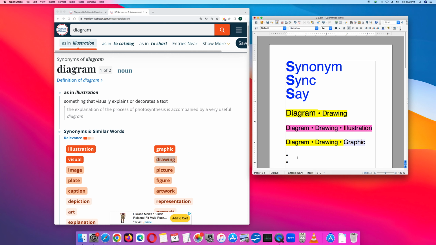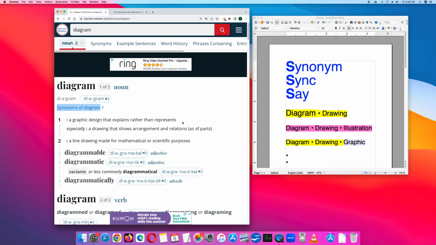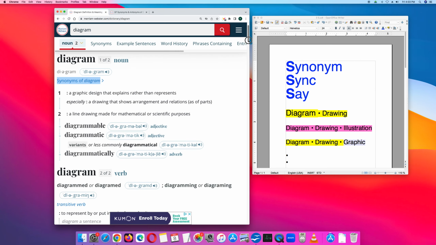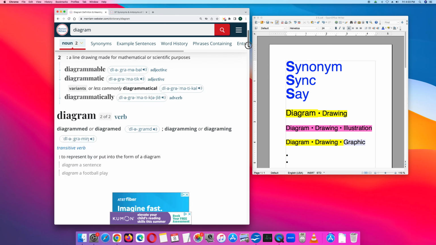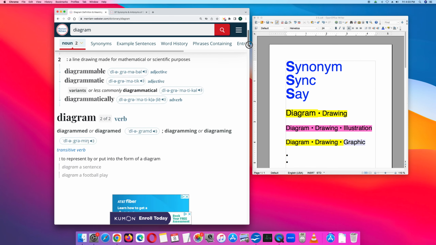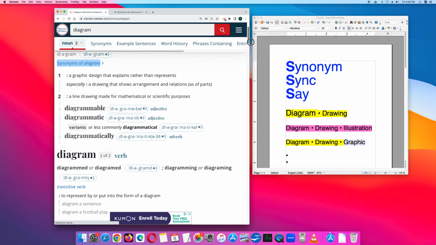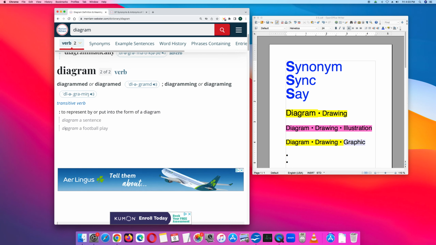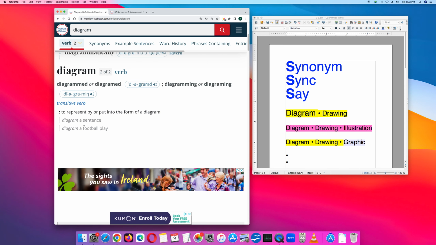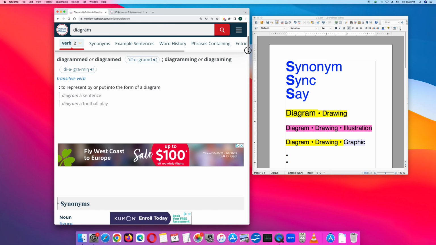Now, an additional thing to do to improve the understanding of the words is to look at the example sentences. Here, Merriam-Webster has example sentences. This is for the verb diagram, which is to draw a diagram.